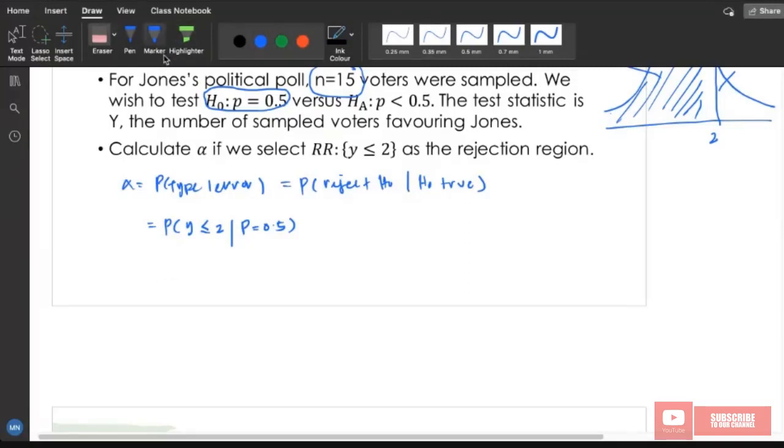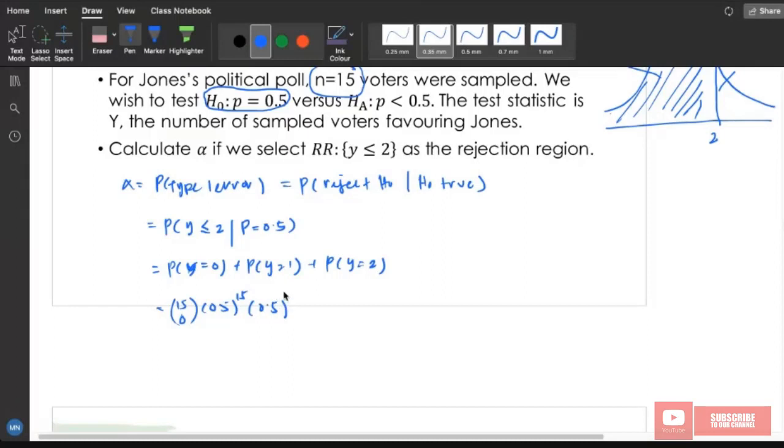We have probability of y equal to 0 plus probability of y equal to 1 plus probability of y equal to 2. Right? So this one should be 15 choose 0, 0.5 power of 0, 0.5 power of 15. Same thing.